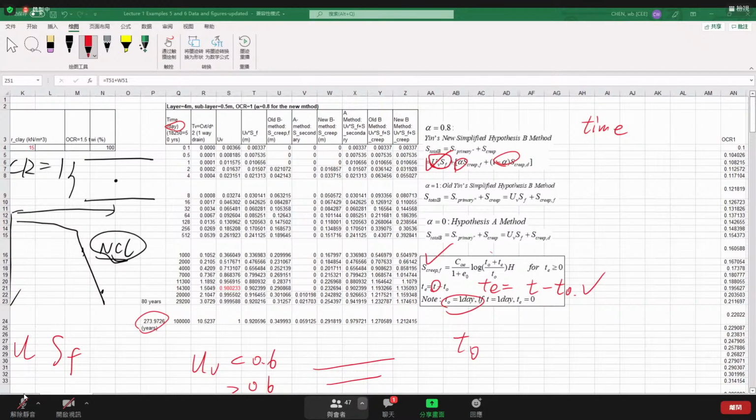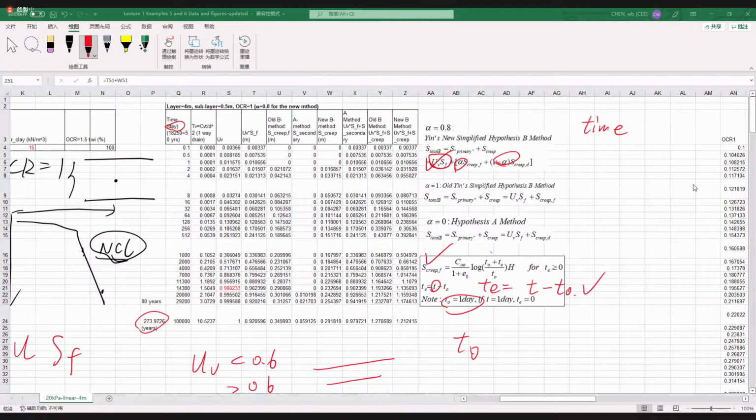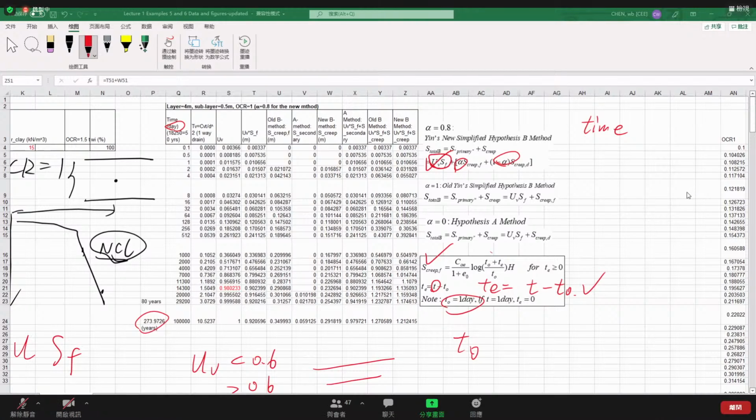My screen is, sorry. My screen is frozen. Or maybe some technical problem, okay? Maybe, so you can see my marker now, right? Is okay now?